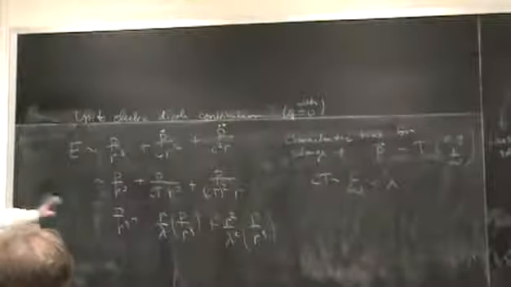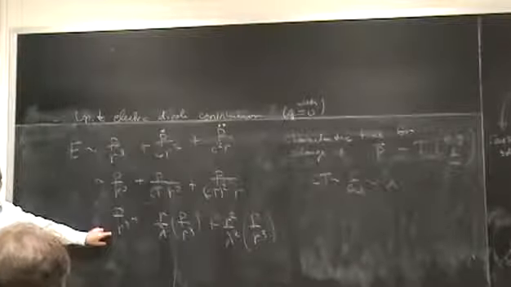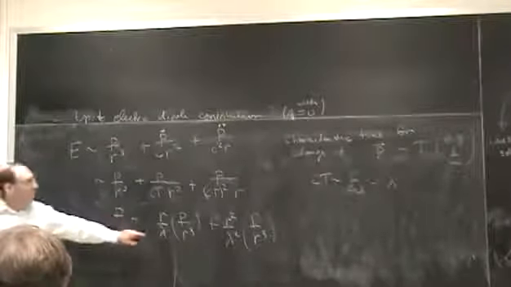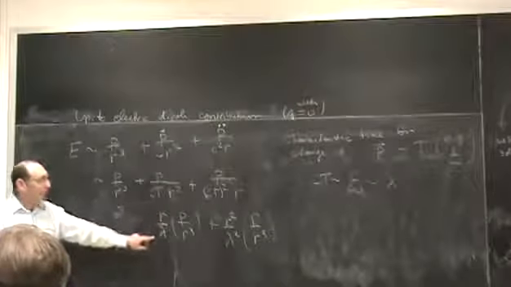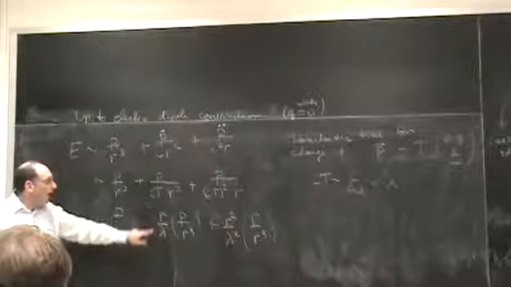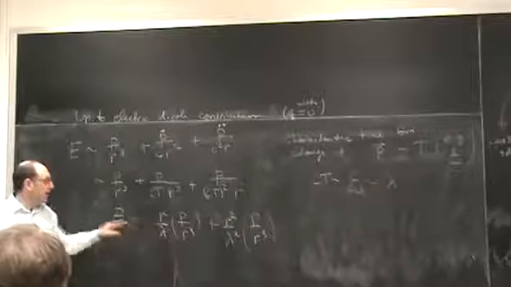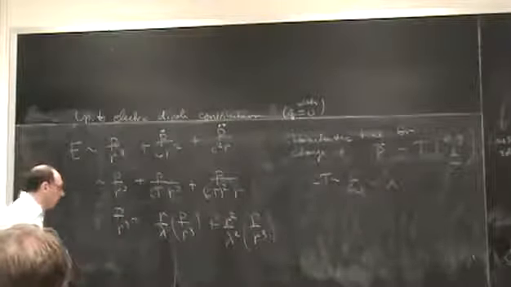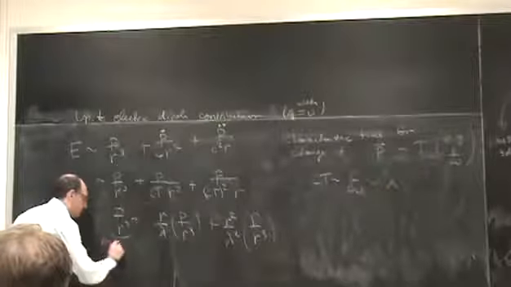So here I factored out the same term Q over R cubed. The question is, how big is R compared to lambda? When R is small compared to lambda, that's what we call the near field.